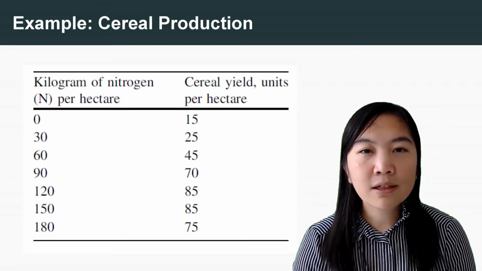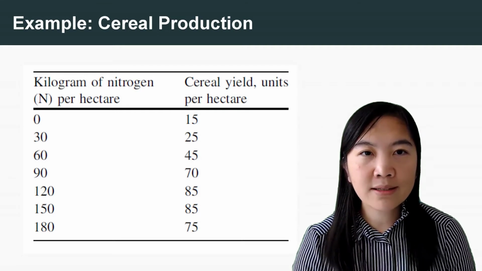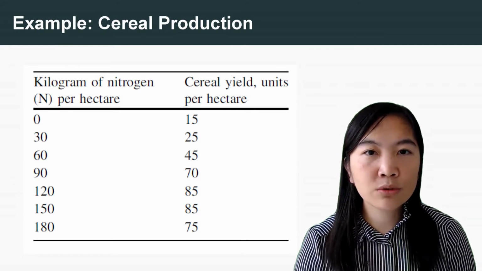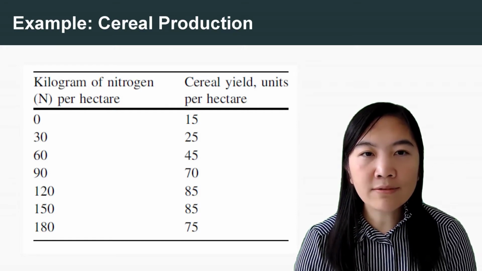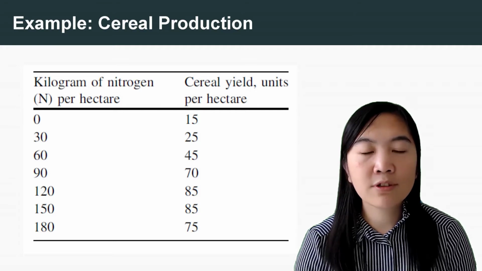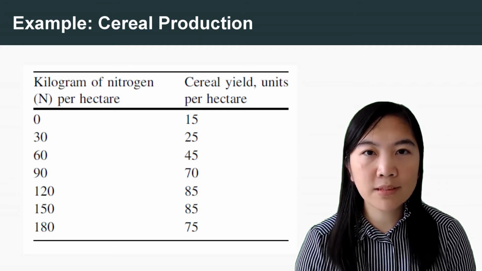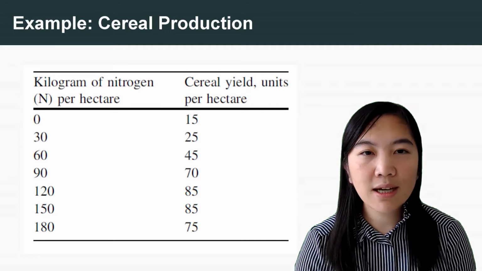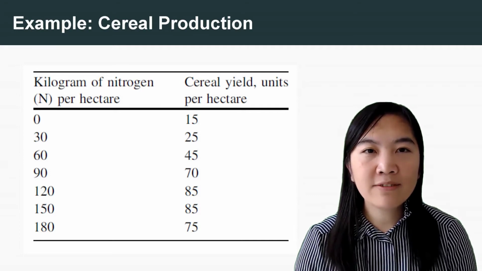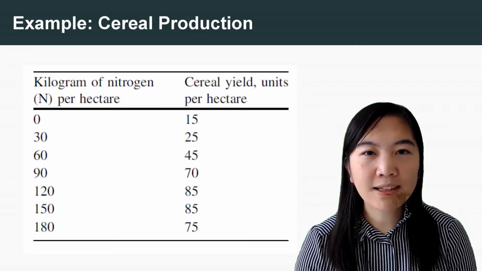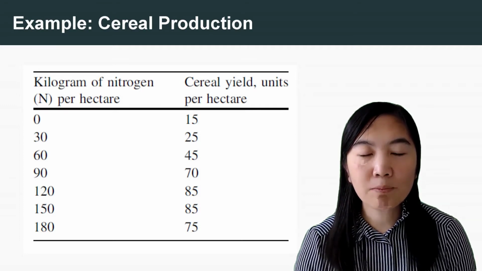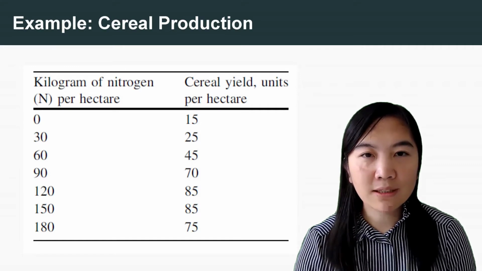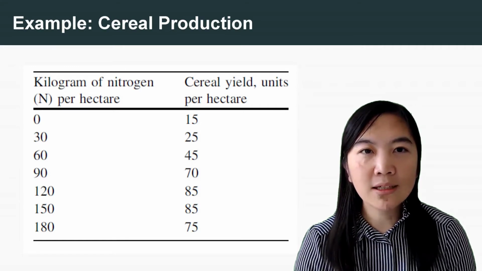For example, here you might find that as you increase the nitrogen from 0 to 120, the yield is increasing. However, when you increase the nitrogen from 120 to 150, you observe that the yield didn't change, and you apply even more nitrogen, you observe that the yield actually decreased. So after you collect the data and put it in a table, you will have an idea.